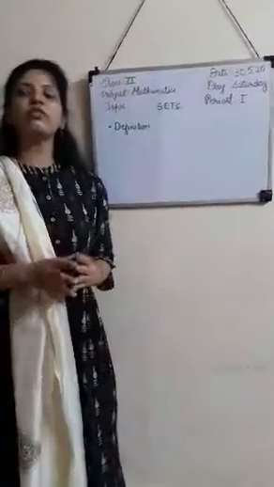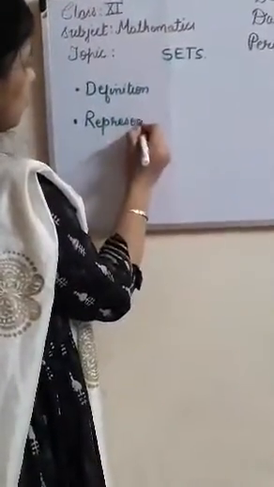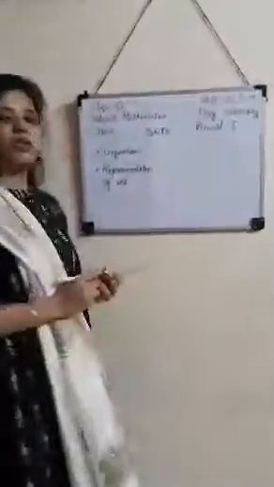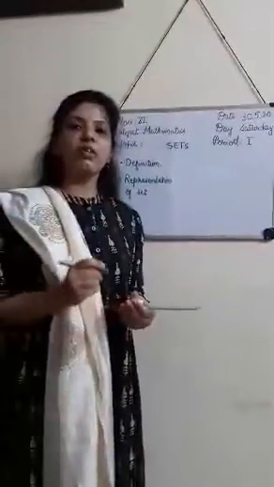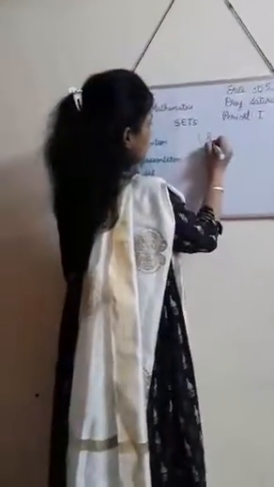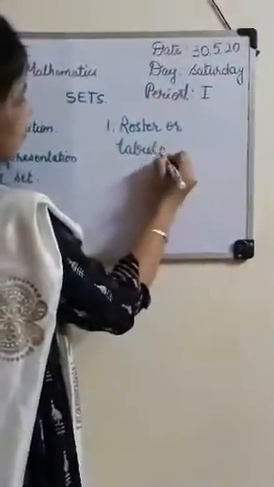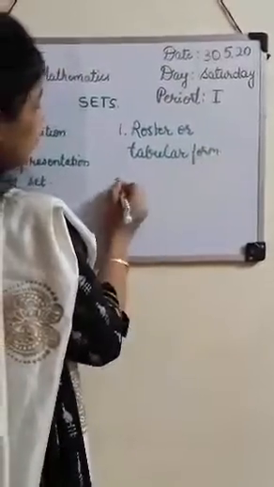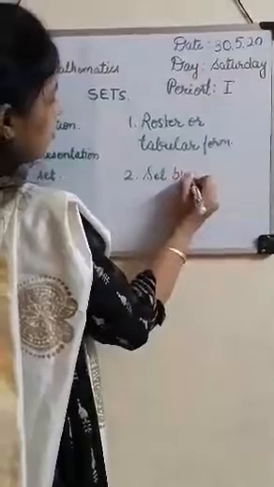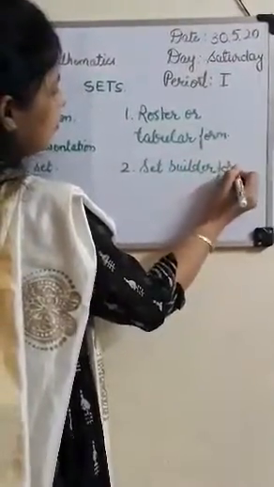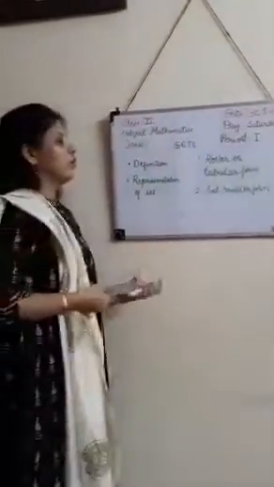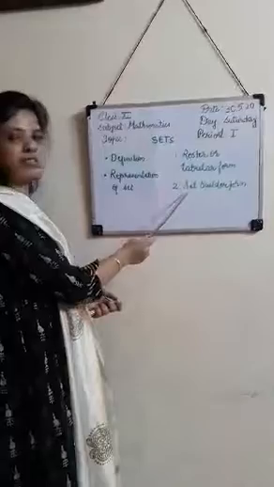Now there are two methods to represent elements of a set. First is roster or tabular form, second is set builder form.